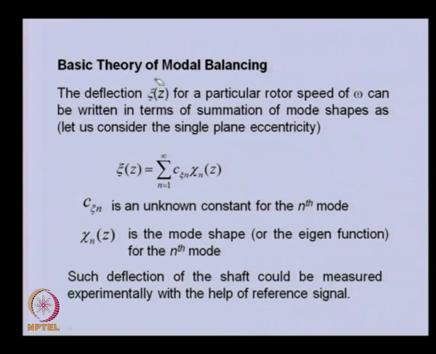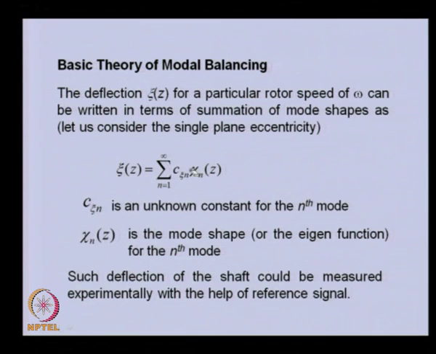In this particular case, the deflection of the shaft in xi direction will be a function of z, and when we are talking about the flexible rotor, then we need to talk about at what speed we are operating. So, this deformation or deflection is there at a certain speed, and this deflection we can write in the form of series using the eigenfunction.